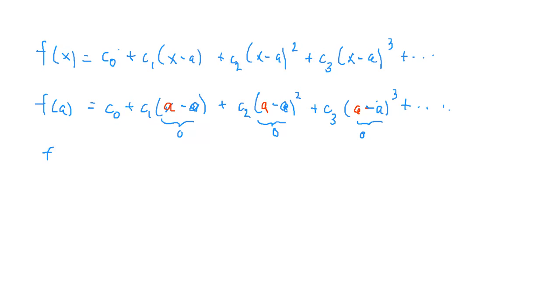And so look, f of a is equal to c sub 0. In other words, we have found one of the coefficients. We're trying to get a formula for these coefficients, and now I know what the first one is.